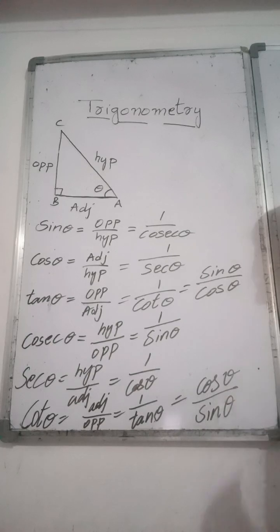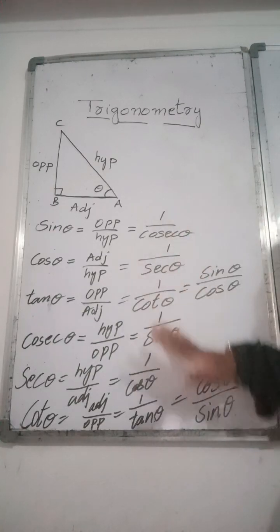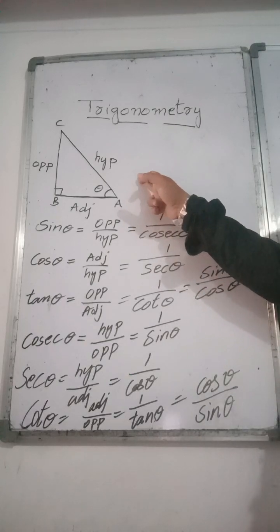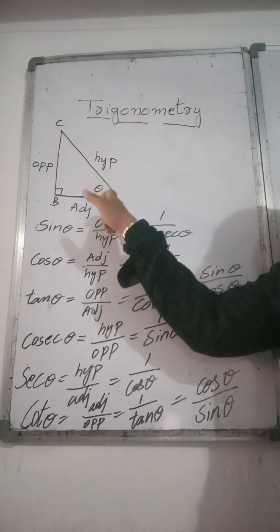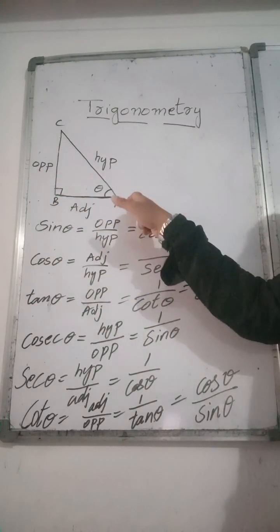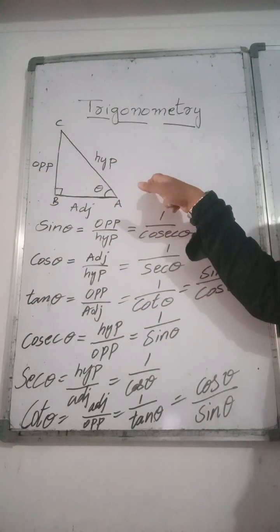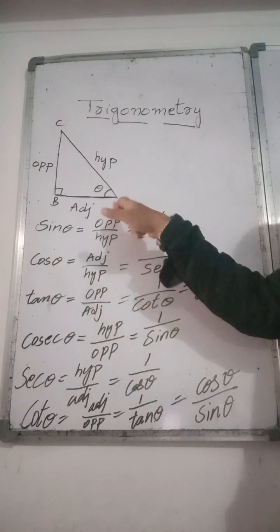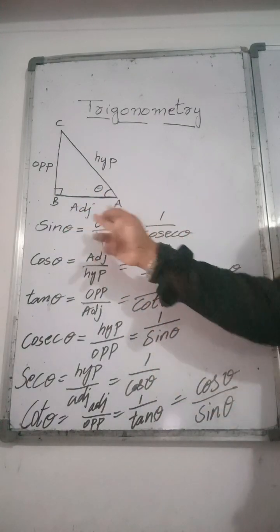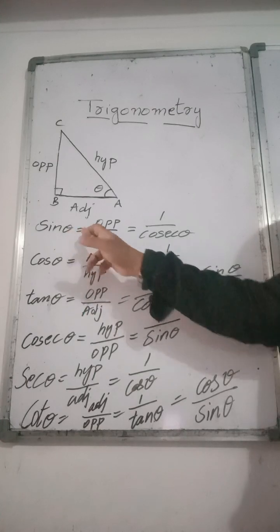These values we have to remember. These values come from this triangle: opposite means opposite of the angle A, hypotenuse means hypotenuse of this triangle, and adjacent means adjacent of the angle A or theta. You can take A instead of theta also, right?